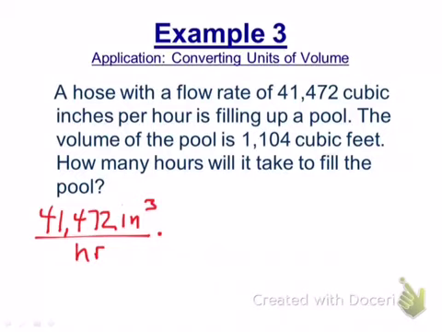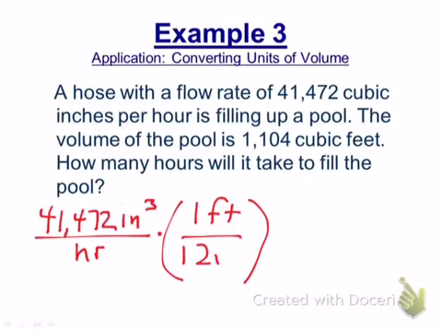So how many unit multipliers am I going to have to use to get inches to disappear? 3 times? I have to use 3 unit multipliers, right? So I need 1 foot is 12 inches, and that is cubed.